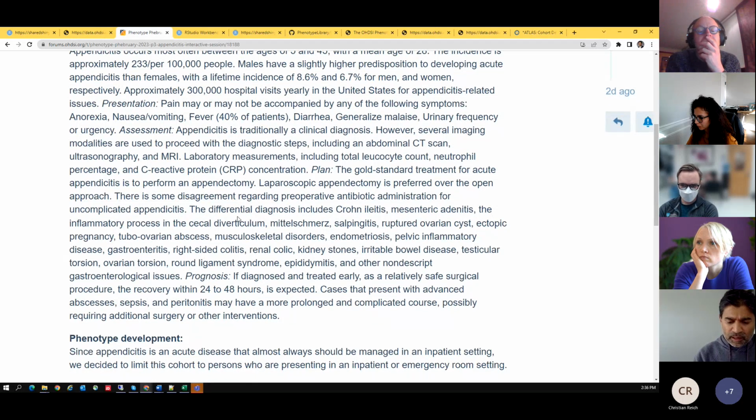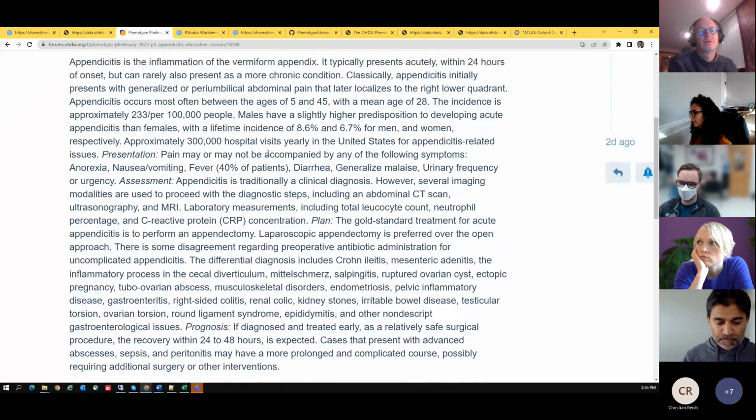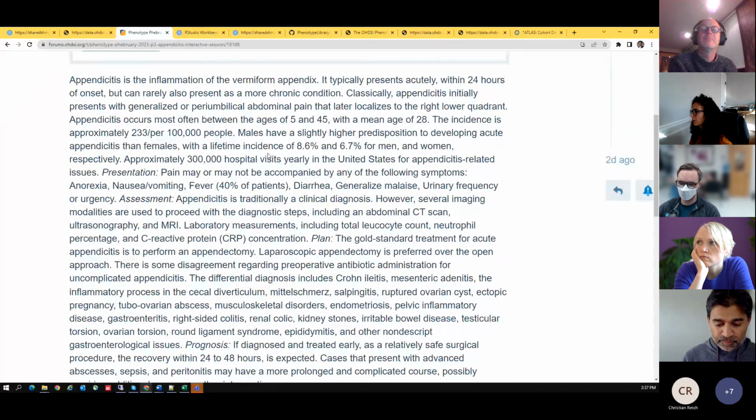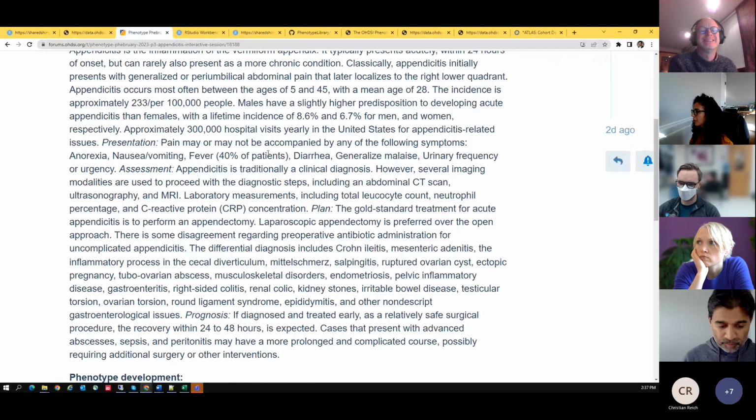The reason for that was my a priori assertion that the management is exclusively in the inpatient setting. But this is not part of your clinical description. You can justify it by what you expect as a clinician, but let's clarify.